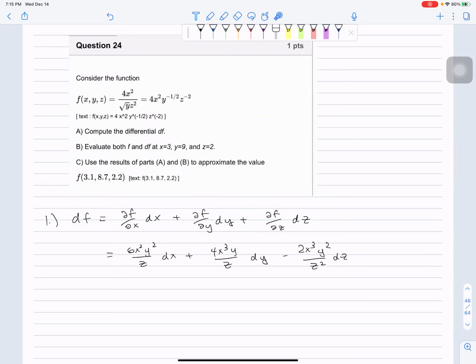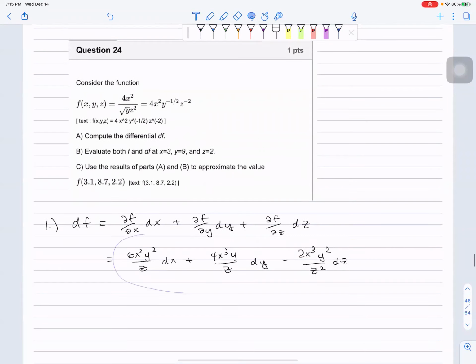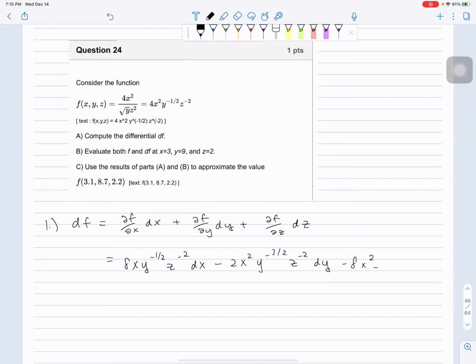So let's see. Wait, sorry. Wrong question. Partials are 8xy to -half c -2 dx minus 2x squared y -3/2 c -2 dy. Okay, this is very long, sorry. Okay, so this is my df.